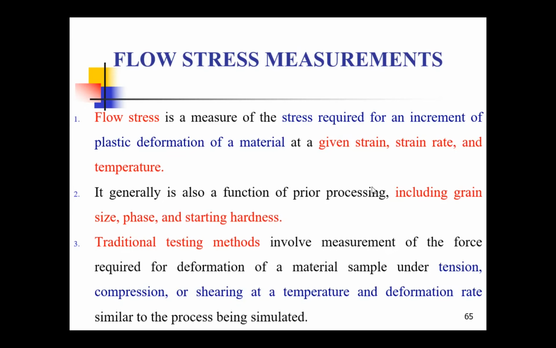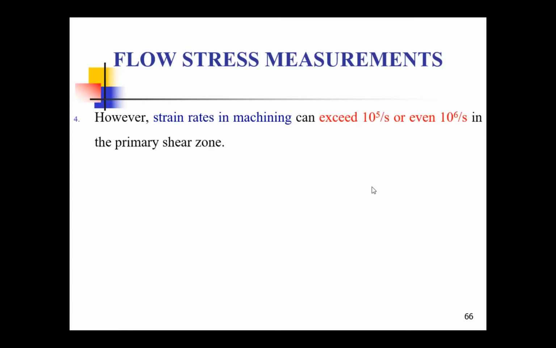We have to do a tension test in the universal testing machine, UTM, or compression or shearing. And then we have to include the data in the software package so that a new material can be defined. But there is also some problem in that, because the strain rates in machining exist from 10 to the power minus 3 per second to 10 to the power 6 per second.